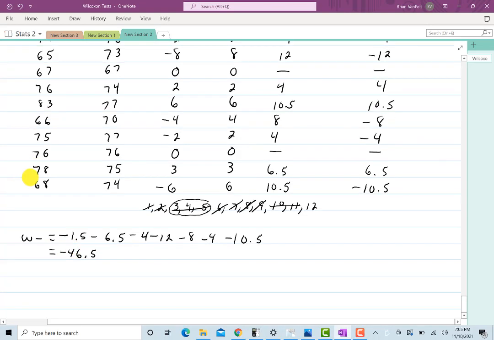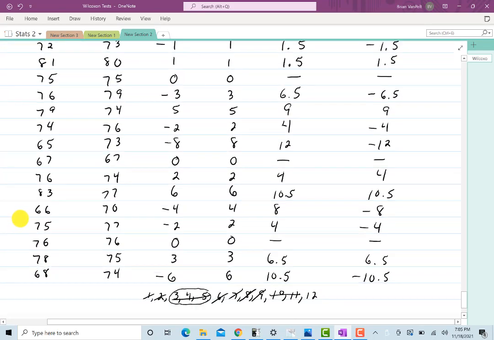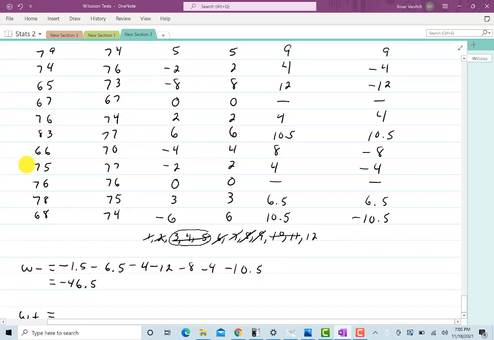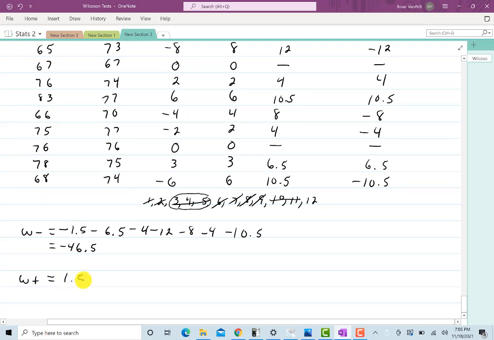Now let me get the positive values. So I have 1.5 plus 9 plus 4 plus 10.5 plus 6.5.